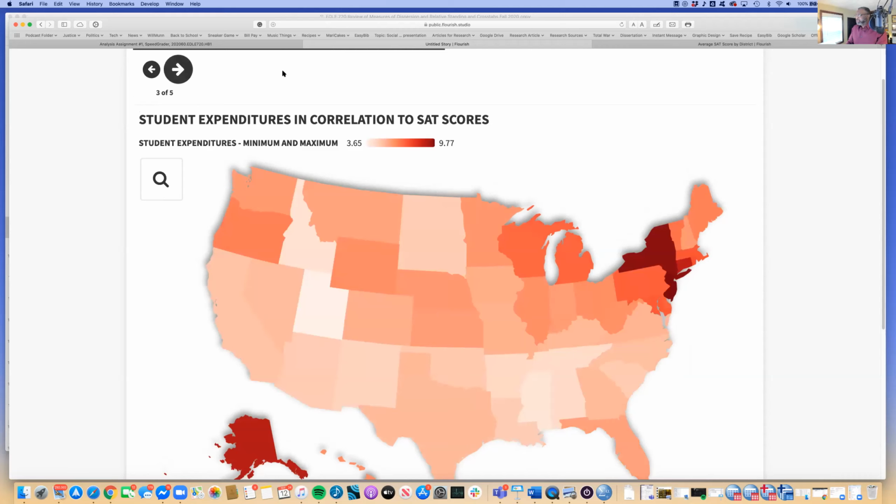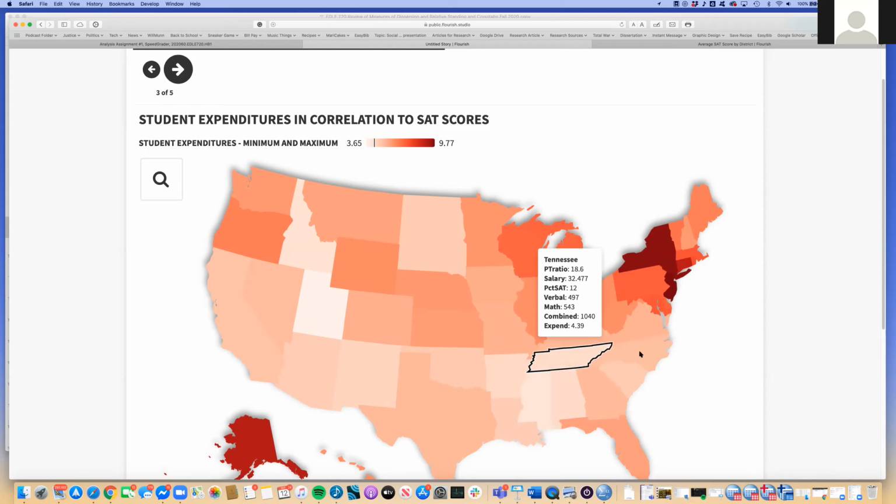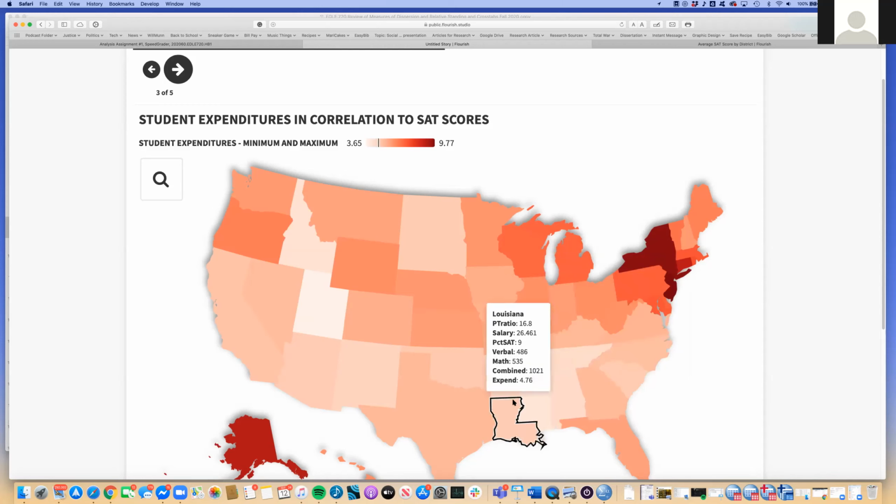Oh, here's expenditures in relationship to SAT scores. It appears that New York spends the most on their children. Yeah, they spend a lot. And if you look down south, not so much. It's a big difference when you look at the per pupil expenditures.